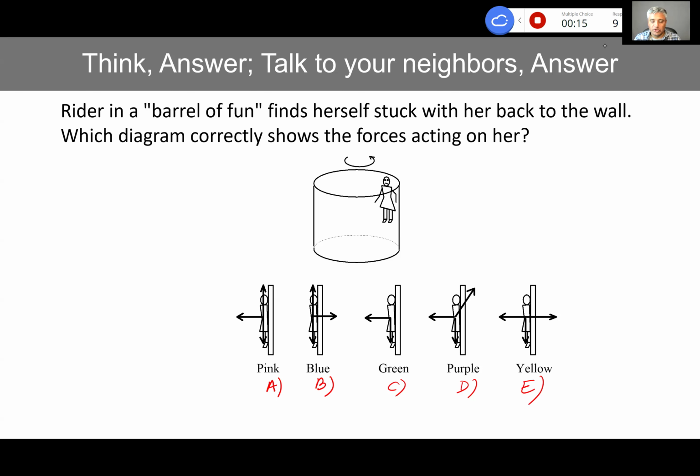So before you draw a force or think about a force, also think, is it a contact or long range force? If it is contact, where is it coming from?